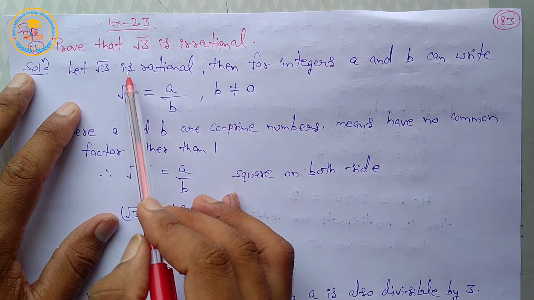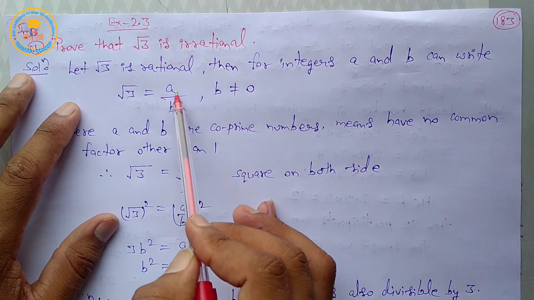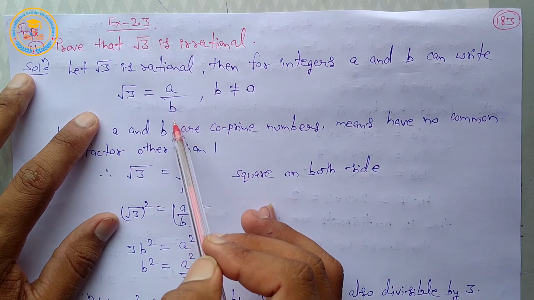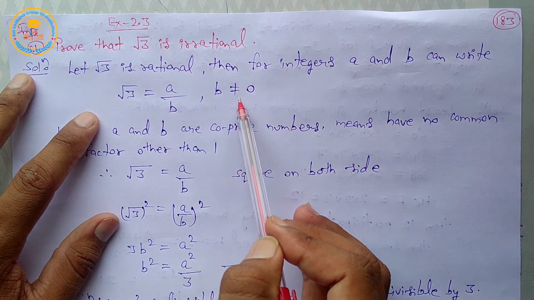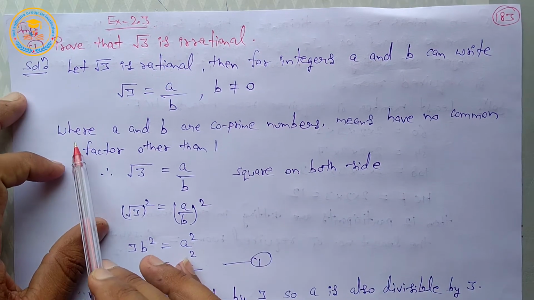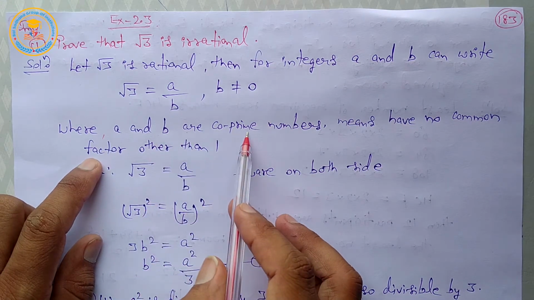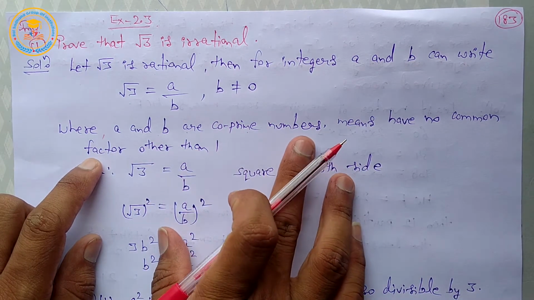So root 3 equals a by b, where the value of b is not equal to 0, and where a and b are co-prime.